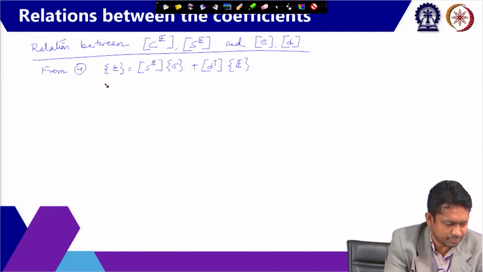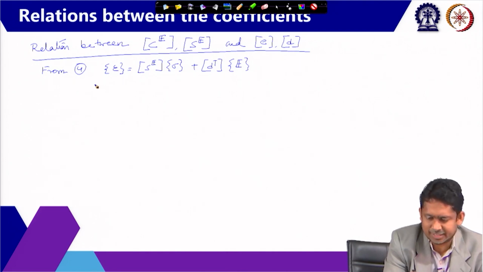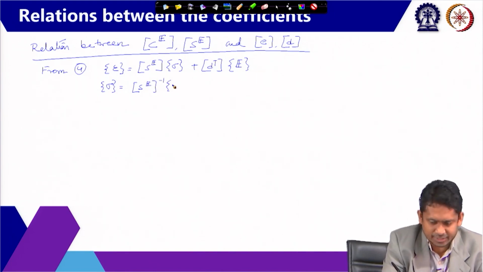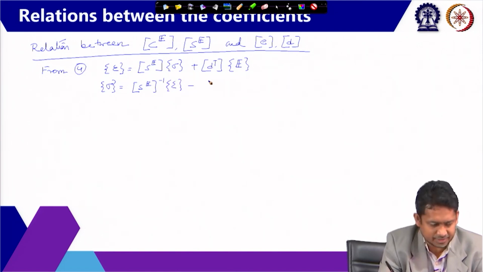So, if we multiply both sides by S inverse, then we can write the expression where stress is found out in terms of the strain and the electric field, and the expression looks like this.